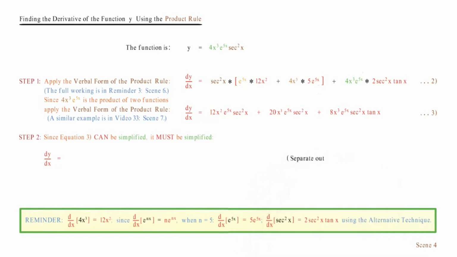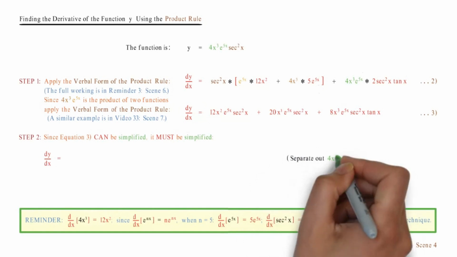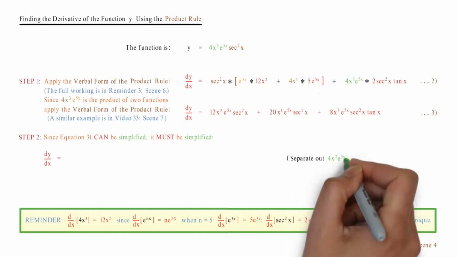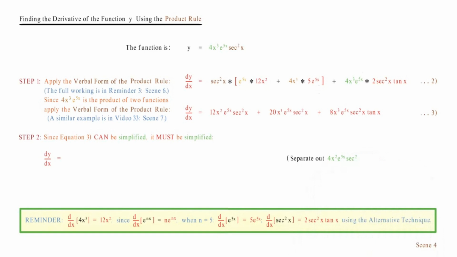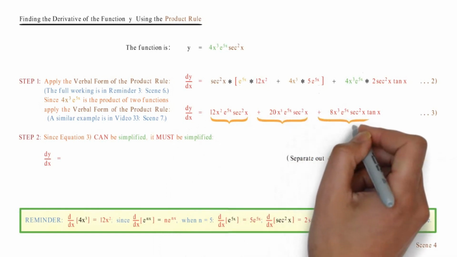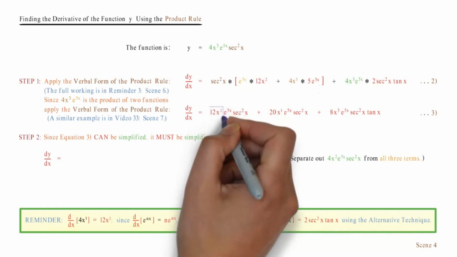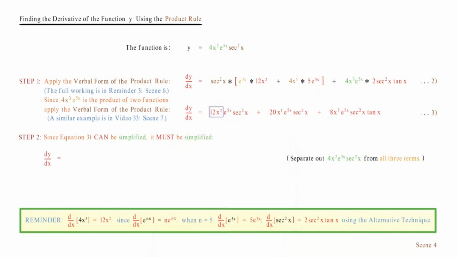Separate out 4x squared e to the 5x sec squared of x from all 3 terms. Bring 12x squared down as 4x squared times 3.